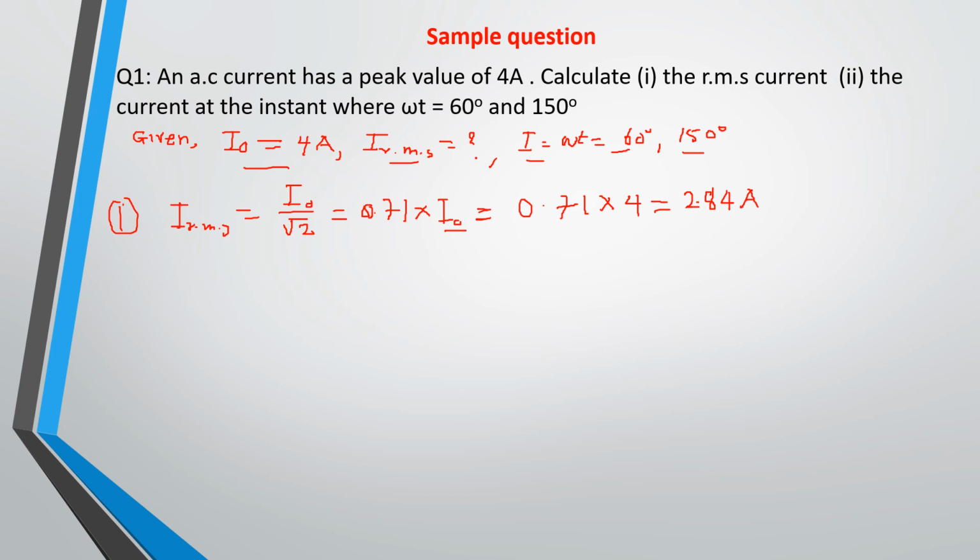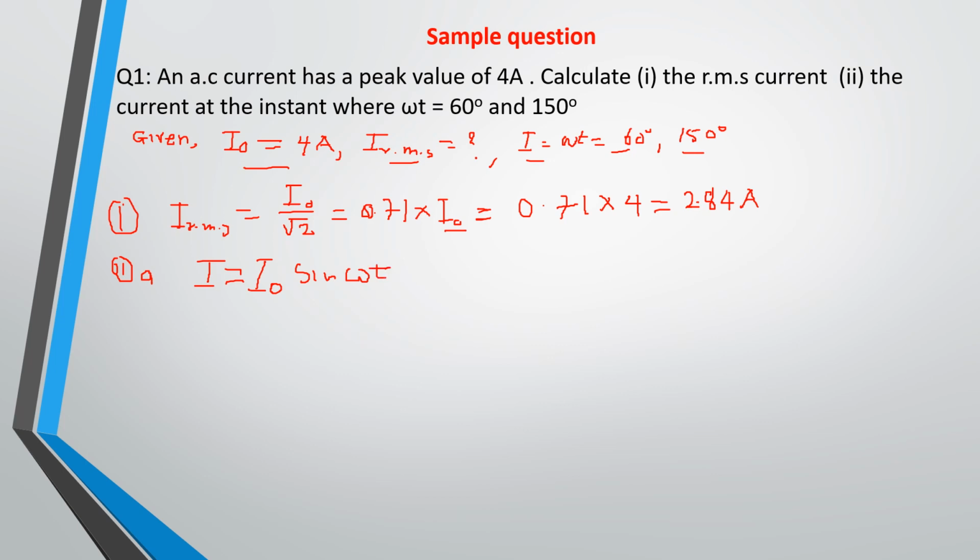Okay, so the second part is that you should find the instantaneous current. From the wave equation we had, the instantaneous current is equal to the peak value of current times sine of angular velocity times time.